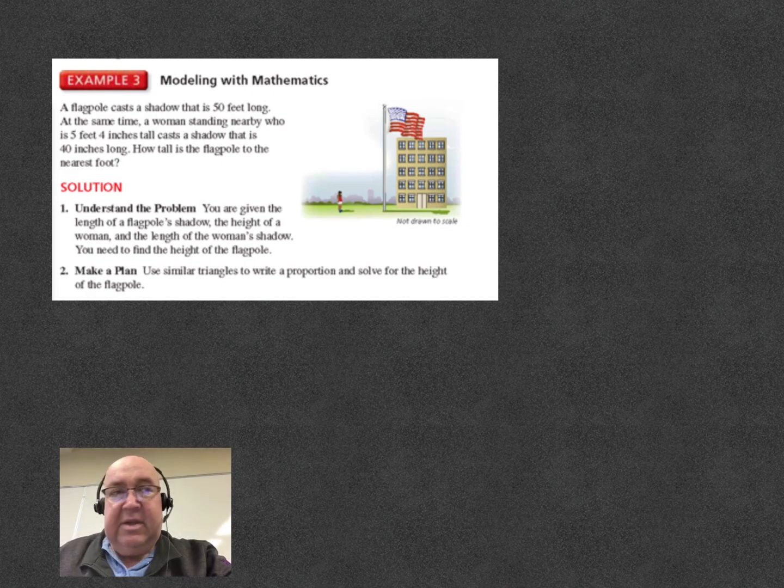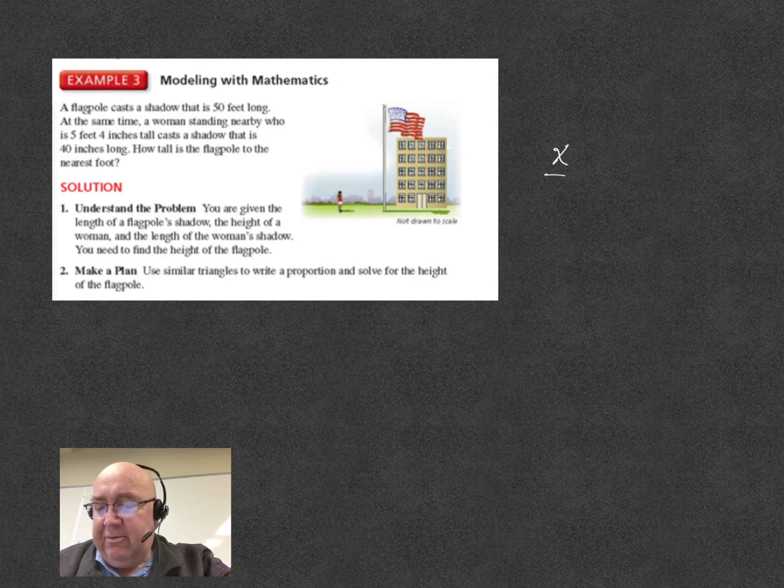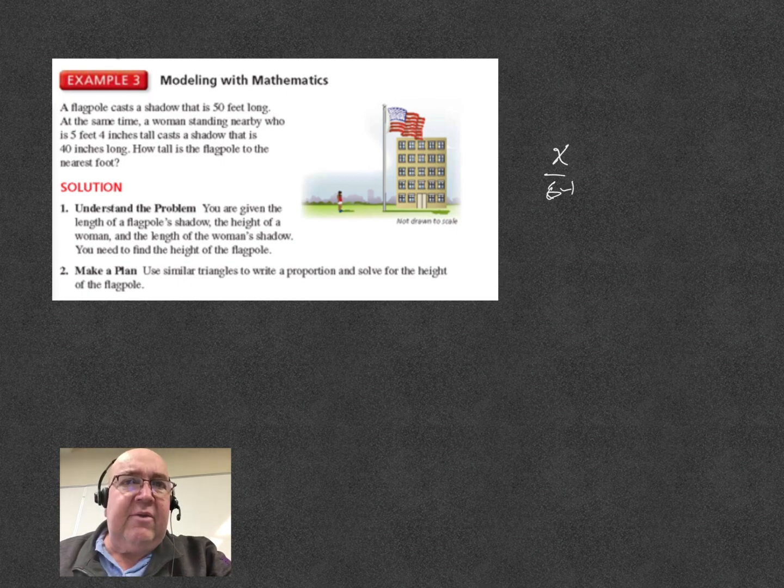So we're going to go X, which is going to be the length of the shadow of the flagpole, or the height of the flagpole, over 64. Now 64 is converting 5 feet 4 into inches.